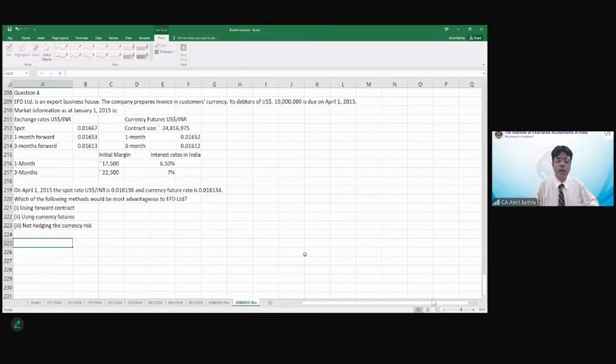All right. So now, let's start. First option, using forward contract. That is a low-lying fruit for us. What will be the receipts over here? Receipts using a forward contract.